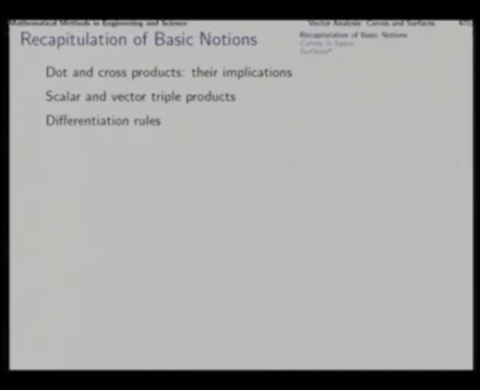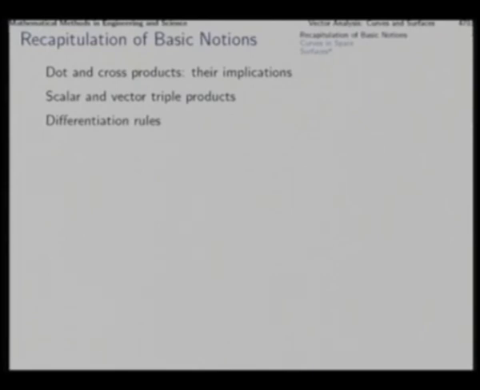It should be clear what are the implications of dot and cross products in vector algebra and scalar and vector triple products, because they will be very frequently used in this lesson and the next. Further, the differentiation rules of vector functions should be clear in following the analysis that we take up now.